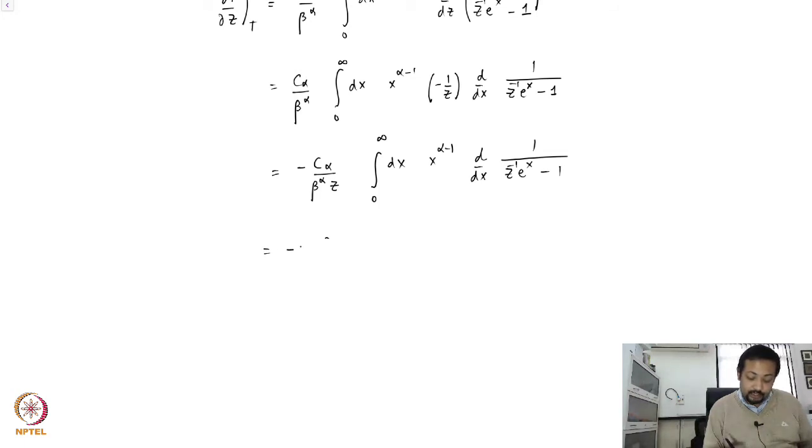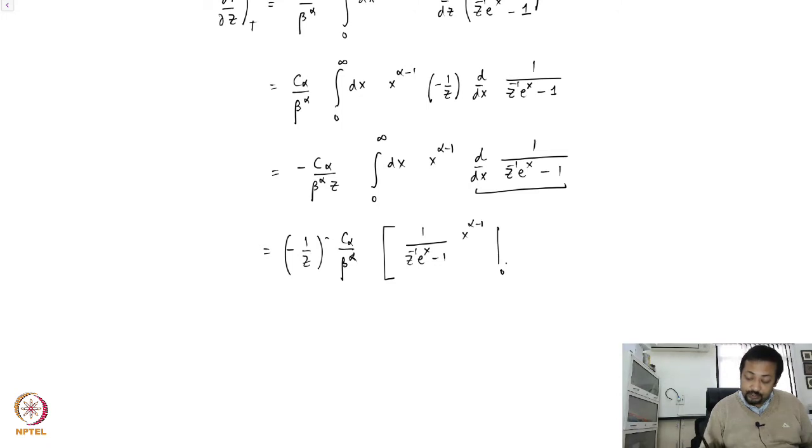So minus 1 over z C_α β^α, and then this becomes my first function, so that you have 1 over (z^(-1) e^x - 1) times x^(α-1) from 0 to infinity, minus the integral from 0 to infinity of the derivative of the second function, which is going to be (α-1) x^(α-2), and the integral of the first function, which is just going to be 1 over (z^(-1) e^x - 1).